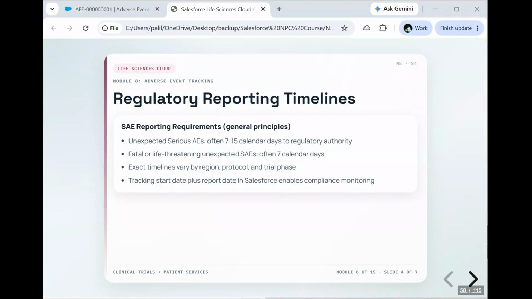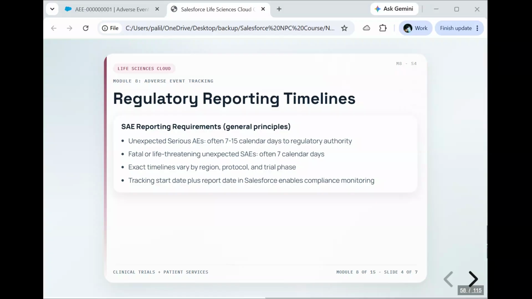For serious adverse events, regulatory authorities impose strict reporting timelines. Generally, unexpected SAEs must be reported to the relevant regulatory authority within 7 to 15 calendar days of the sponsor becoming aware of them. Fatal or life-threatening unexpected SAEs may have a 7-day initial reporting requirement.